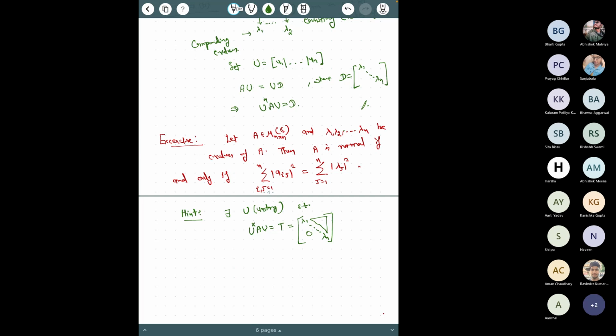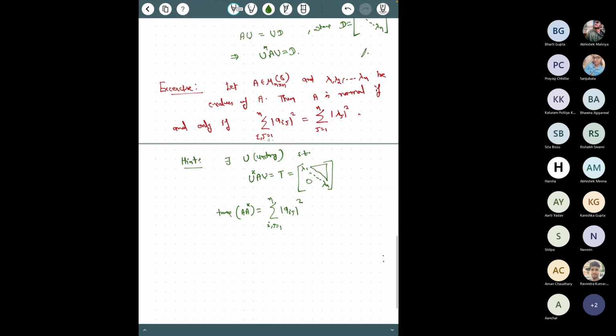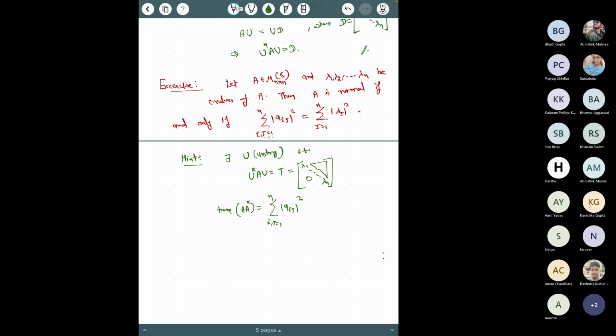Now what you have to observe is the trace of A star A. Can you tell me what is this trace of A star A? If entries of A are denoted by Aij, then this trace is just this sum. On the left hand side, the trace of A star A, you can write A as UTU star, and then A star would be UT star U star.